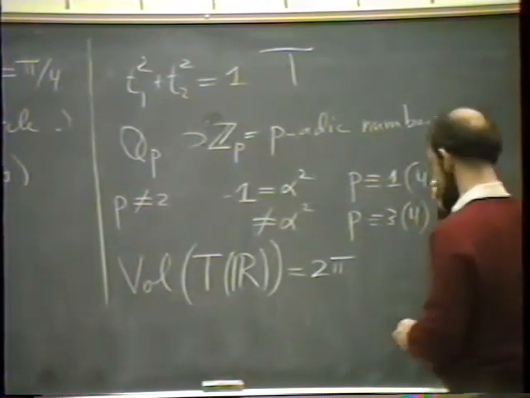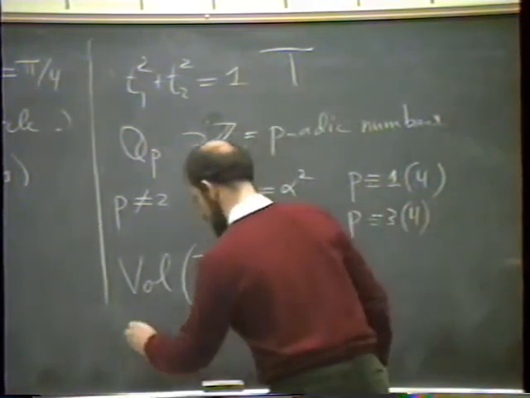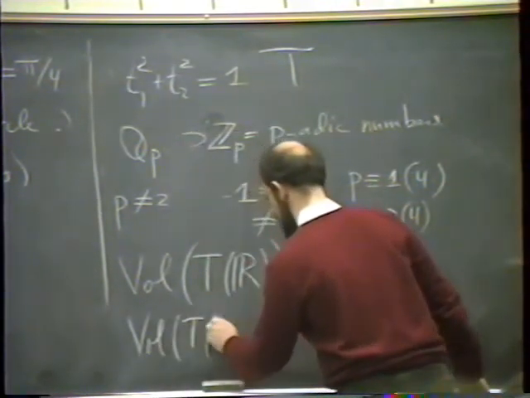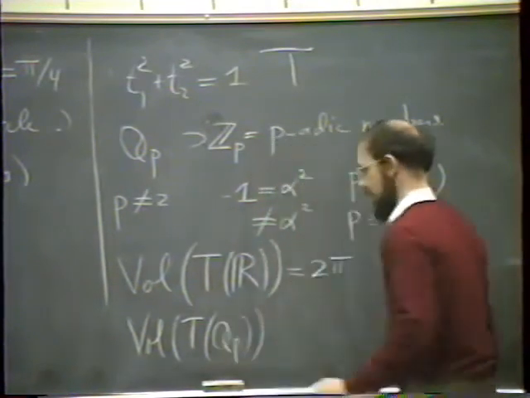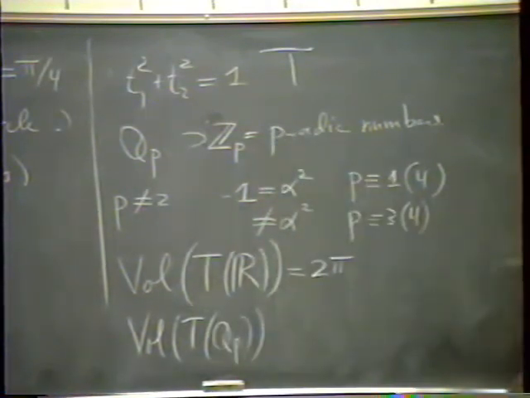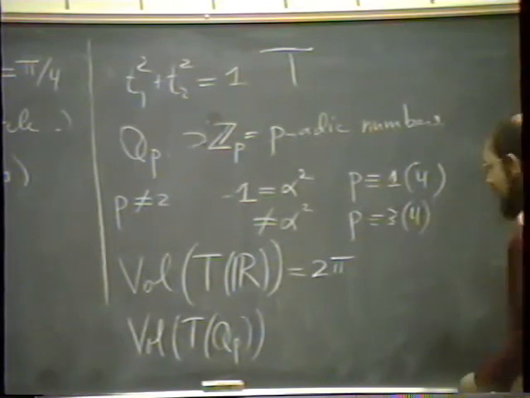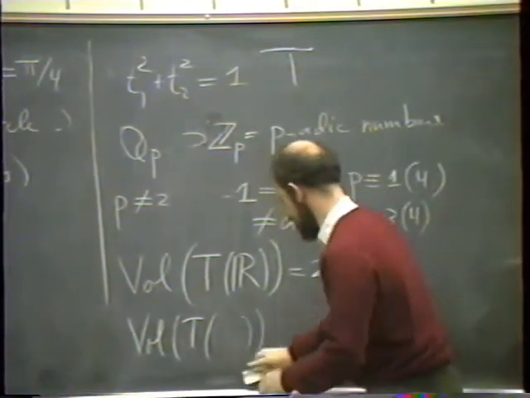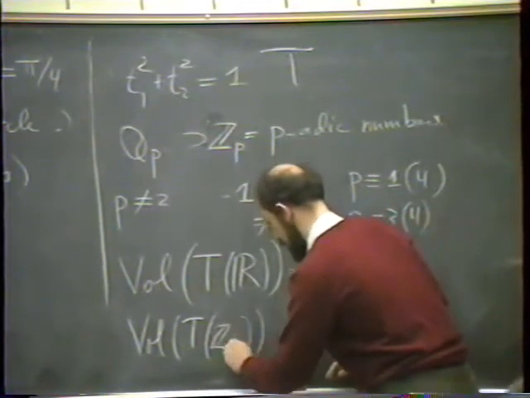So we might be led to look at the volume of T of Q_p. Well, that's not so good, in fact, because it's too big. So it's better to look at the volume of T of Z_p.